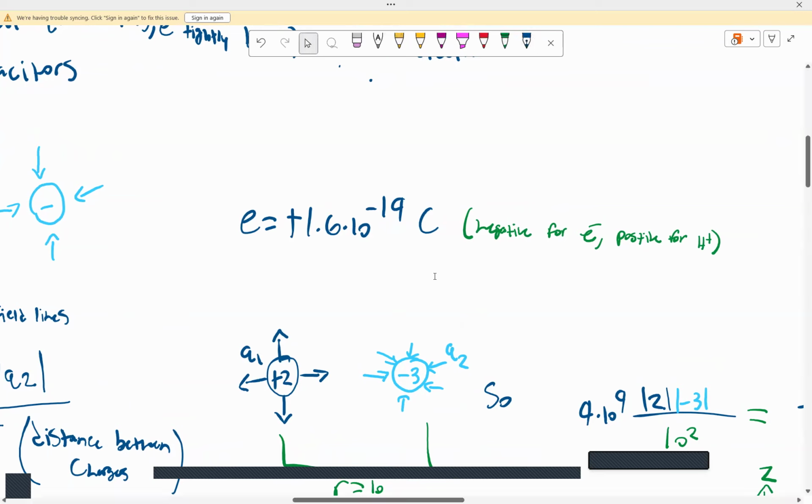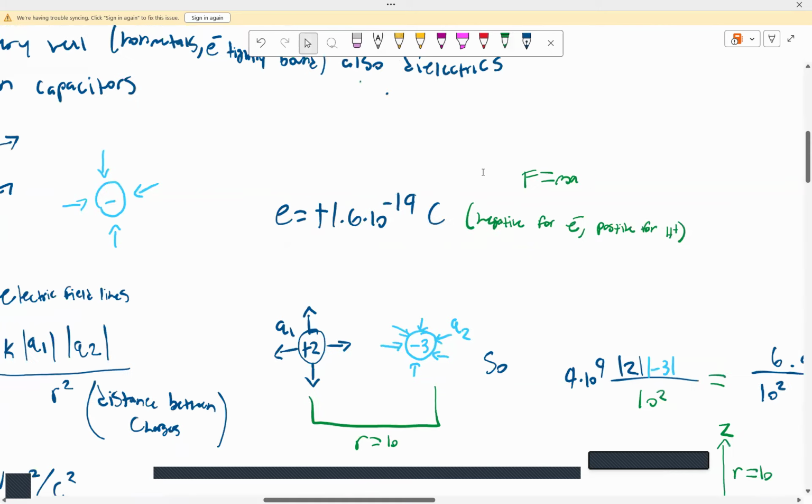So it really makes a difference. Remember, protons and electrons have the same charge, but different masses, as protons are much, much bigger than electrons. Therefore, protons have a smaller acceleration than electrons. Remember, because force is equal to mass times acceleration, which is Newton's second law.